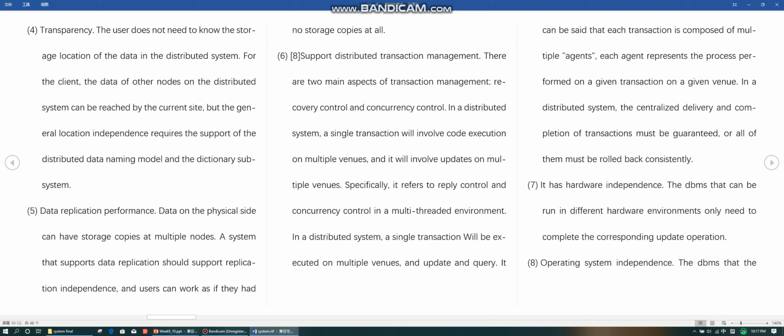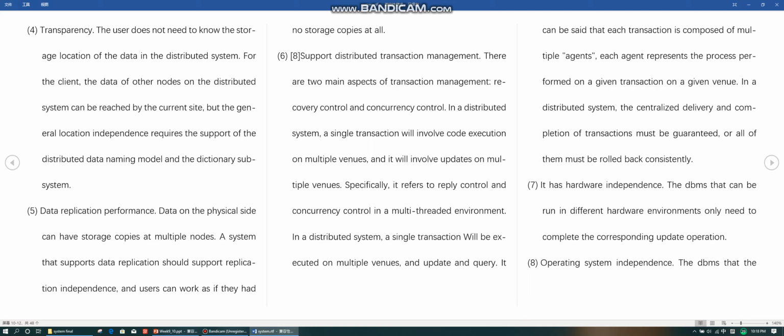So the process of copying the data is totally unaware to the users. So the rebuild and restore of the data can be done automatically without causing any interruption or discontinuity of the entire system.